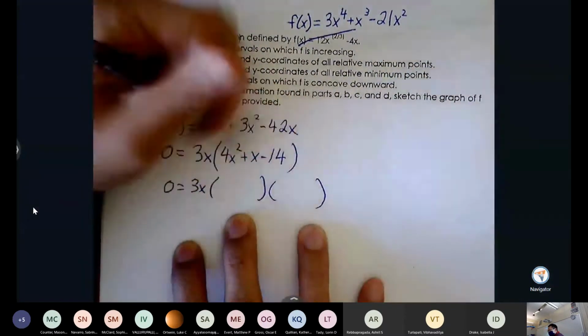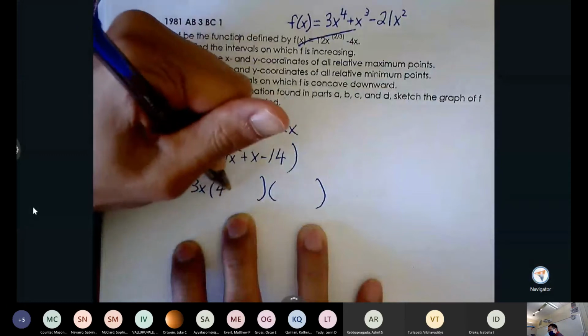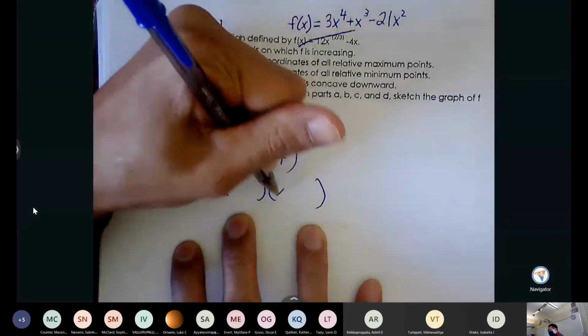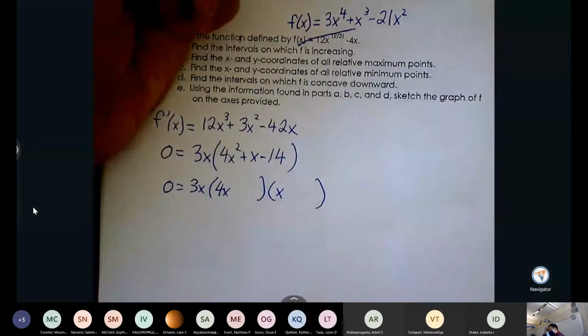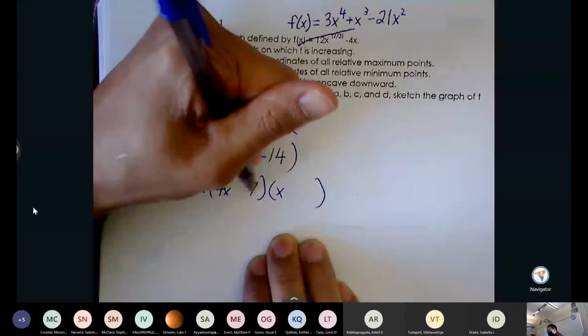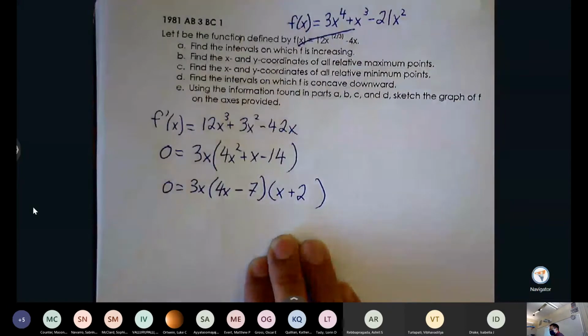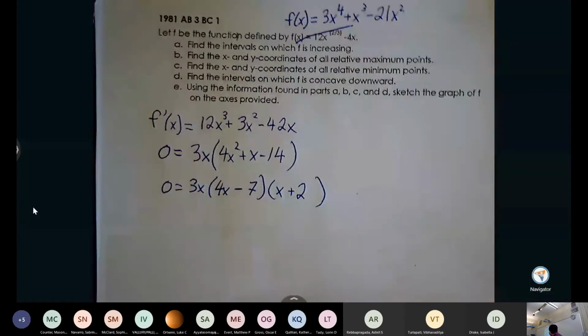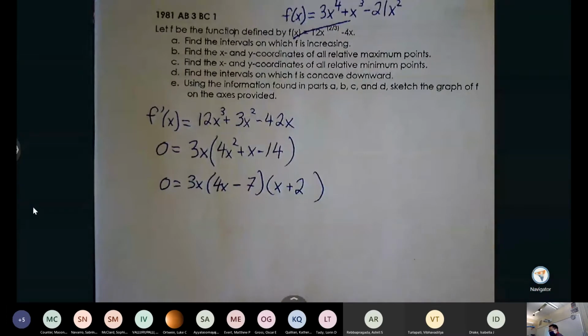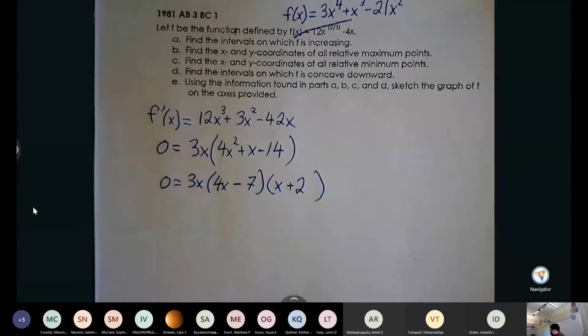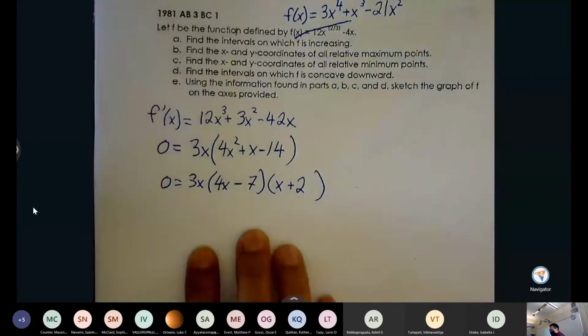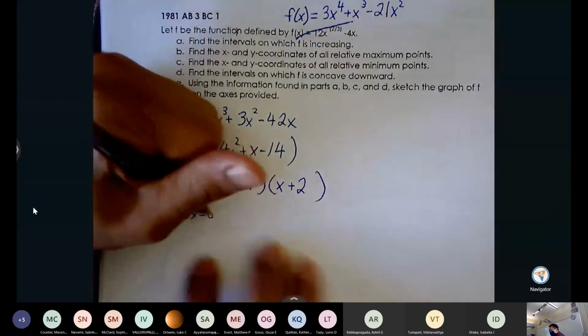And factor this. Okay, set each of the parts equal to 0.